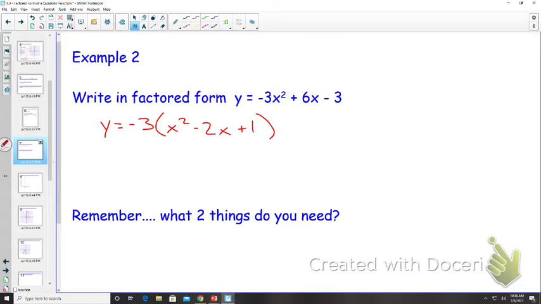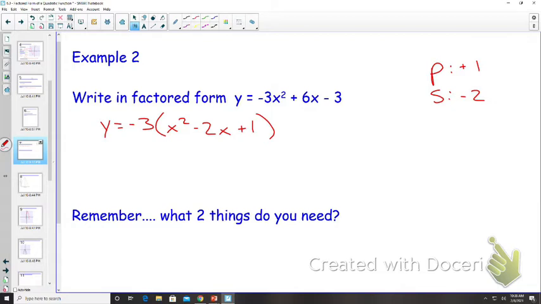Right? So then we need to ask ourselves here, what will give us a product of +1, but a sum of -2? What numbers can we multiply together that will give us a positive product, but a negative sum?